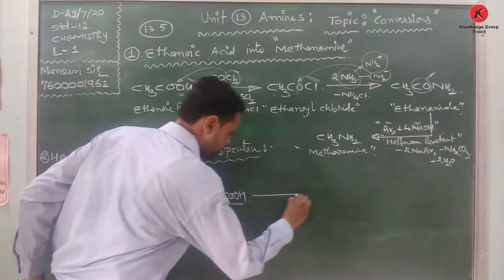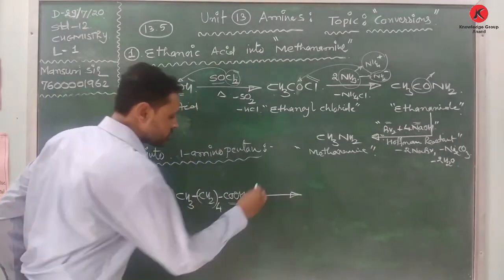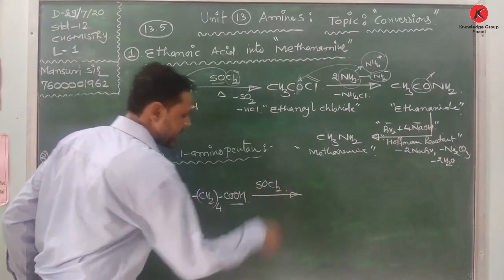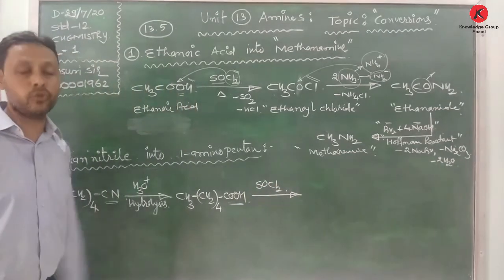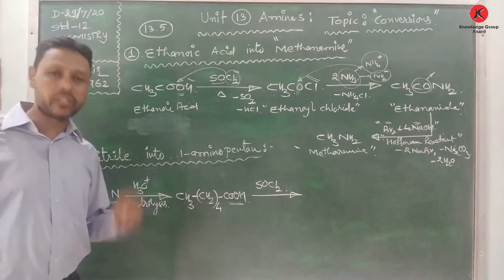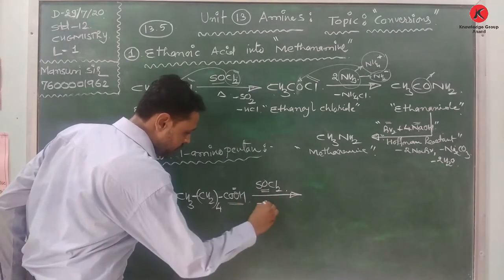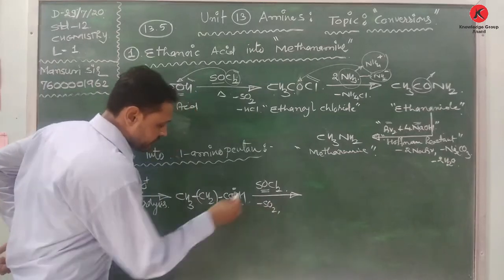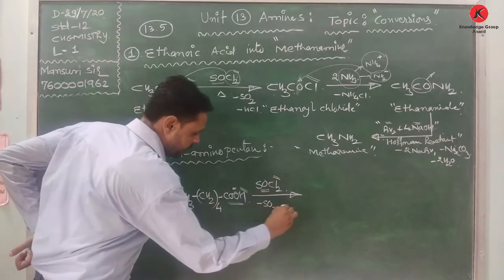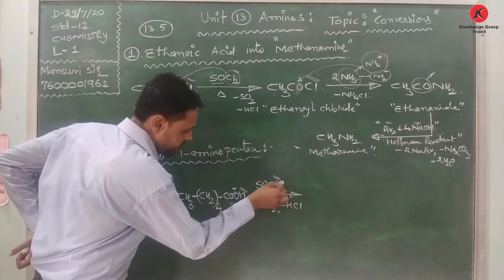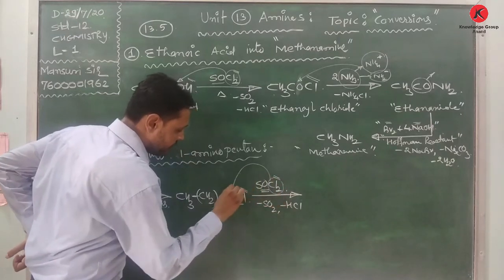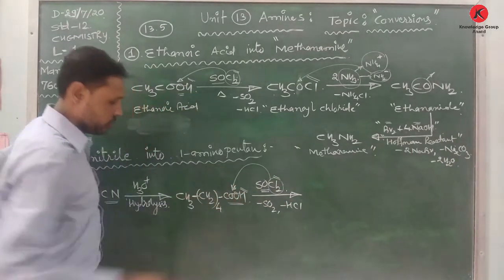Now thereafter we are moving for SOCl2. As you know very well, thionyl chloride is used for chlorination, right? So SO and this O will make SO2. Thereafter hydrogen and chlorine will make HCl, and one remaining chlorine atom will go toward this CO.